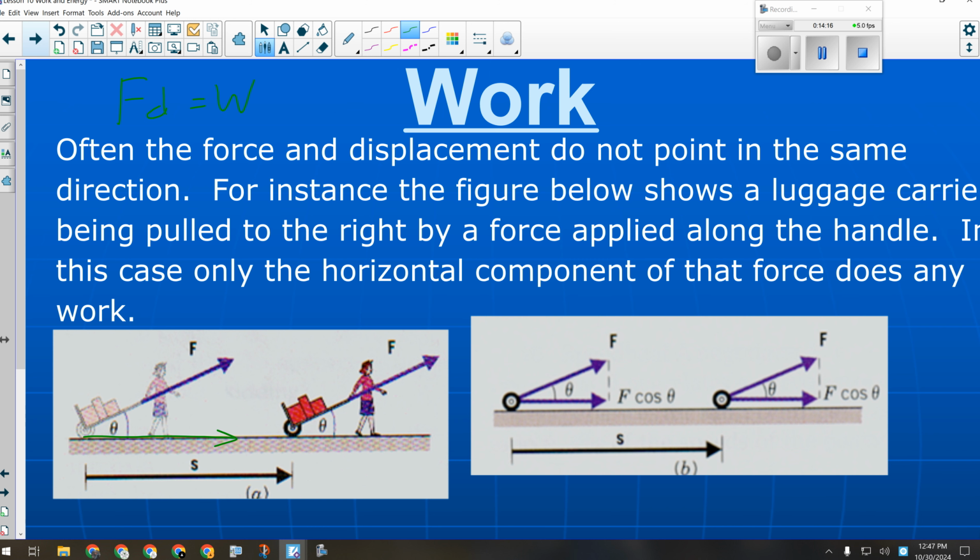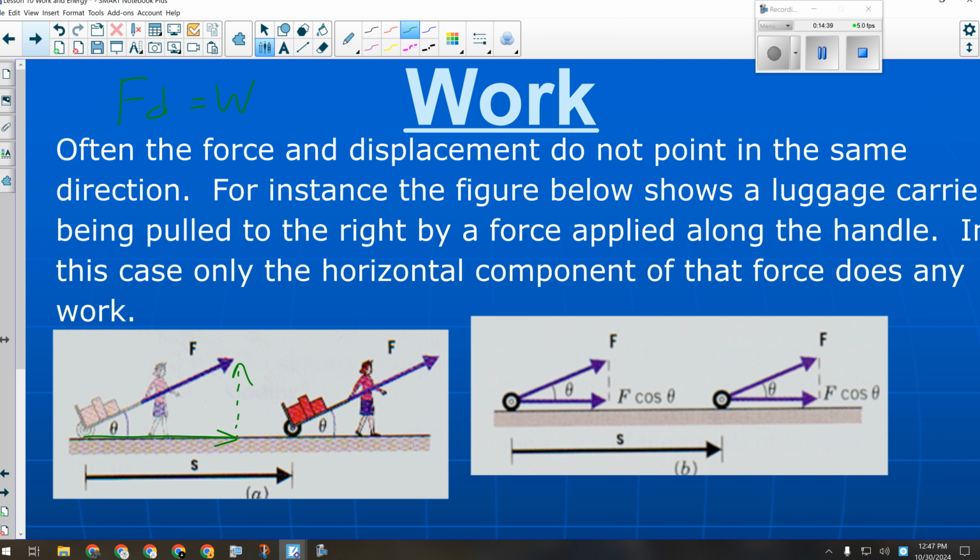So that'll be a change in what kind of energy? Kinetic, because it's speed. Kinetic deals with speed. So if she pulls it this way, this part of the force, the horizontal component, changes the kinetic energy of the luggage carrier. But here, there's also a vertical component.